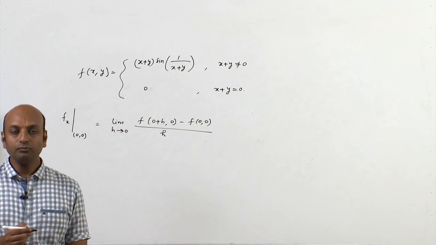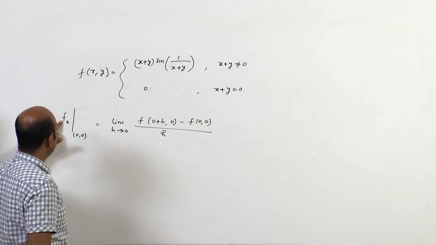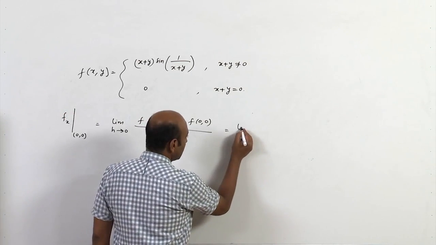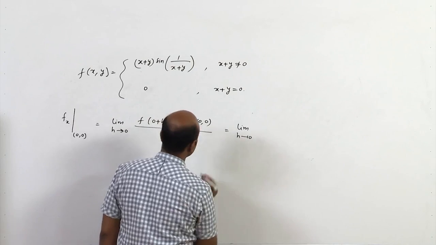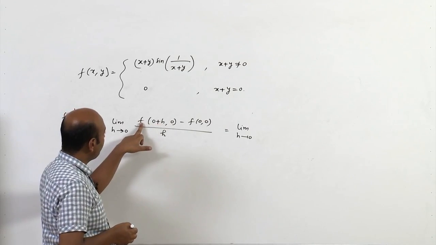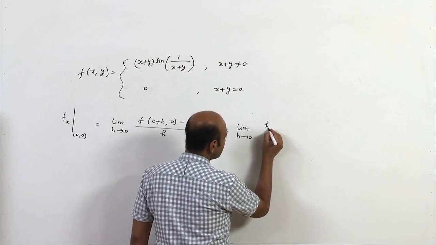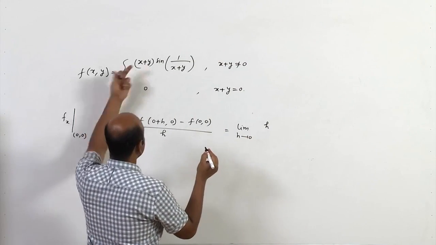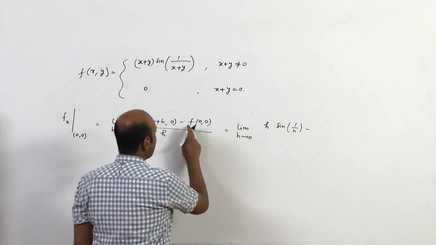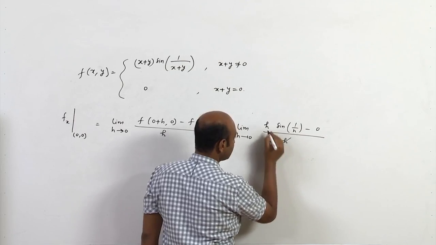Now, f(h,0) is h plus 0, which is h, into sine 1 upon h, minus f(0,0) which is 0, upon h. h cancels out.